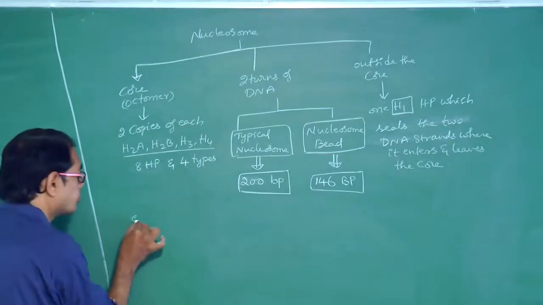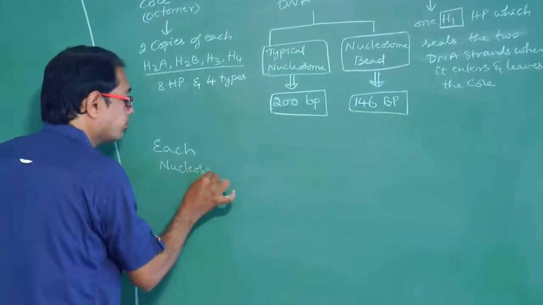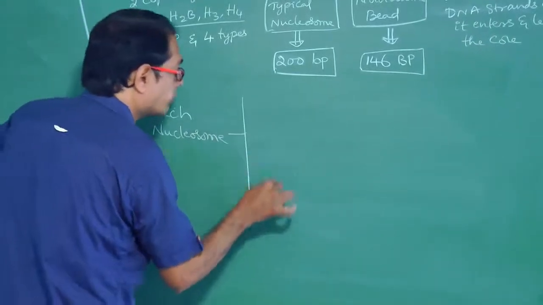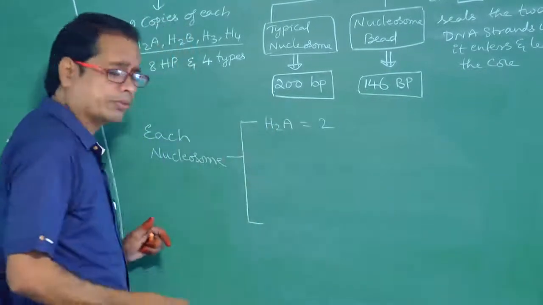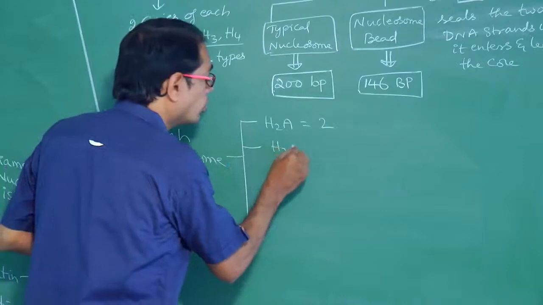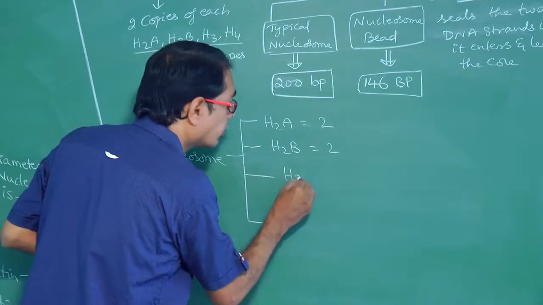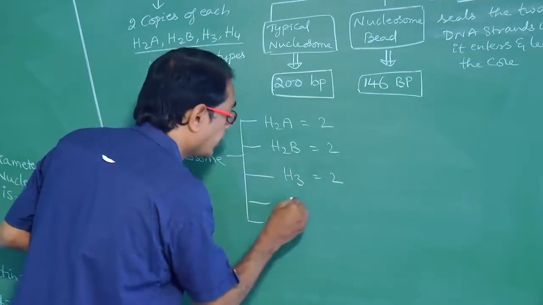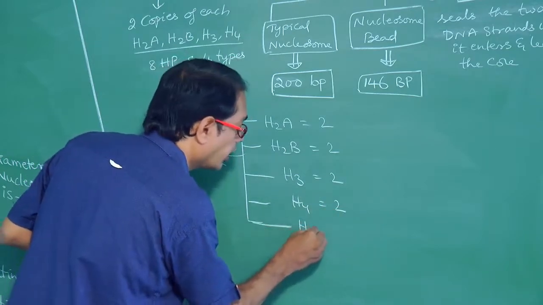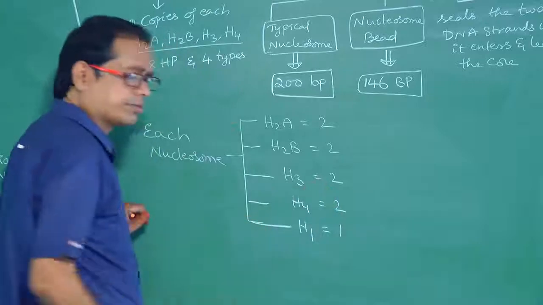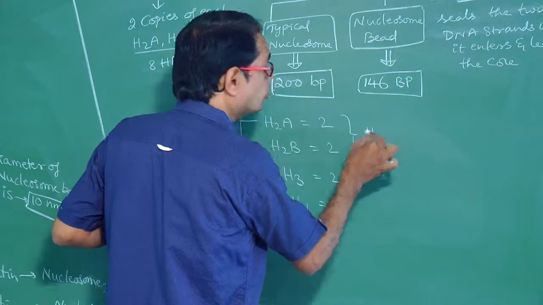Let us suppose each nucleosome has 2 H2A histone proteins, 2 H2B, 2 H3, 2 H4, and 1 H1.